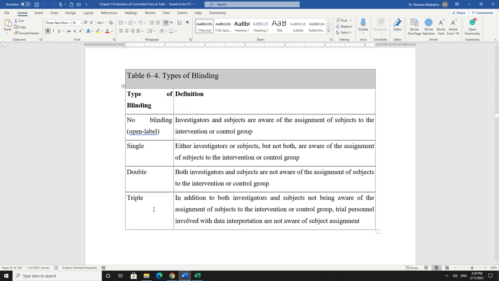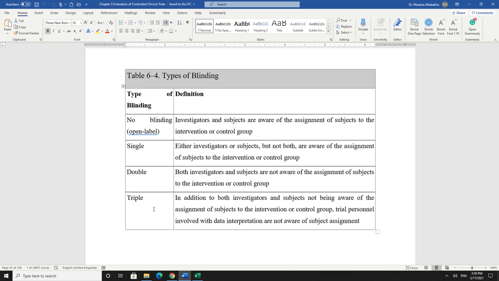For example, if I have an injection which is given as a blood thinner, to prevent clotting, and the other one is also given as a blood thinner as tablets. So I have injection and I have tablet. If I also give the injection to the one who's taking the tablet, then this can have consequences which include bleeding.